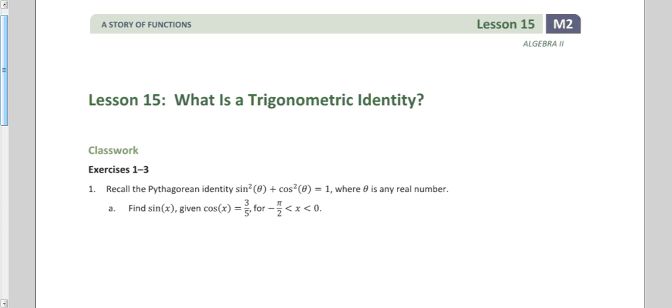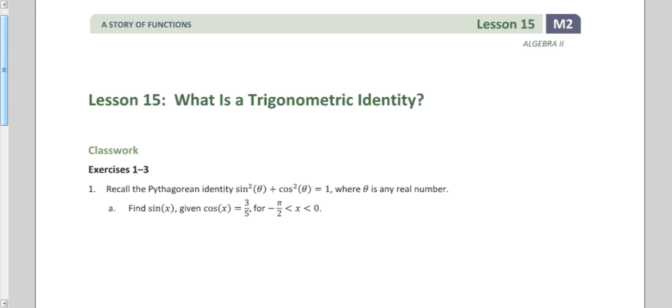See, now check this out. I got one identity that I want to show you. Okay? I want to prove it to you. And it's this one that says sine squared theta plus cosine squared theta equals 1.